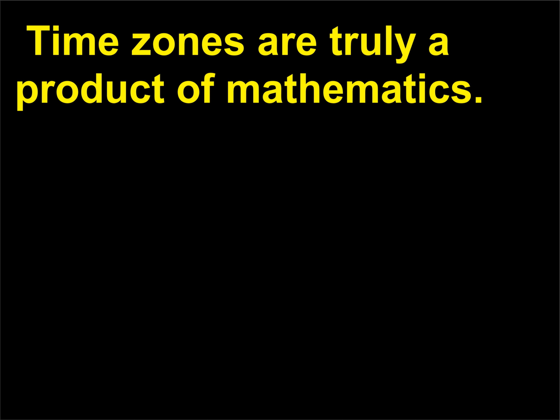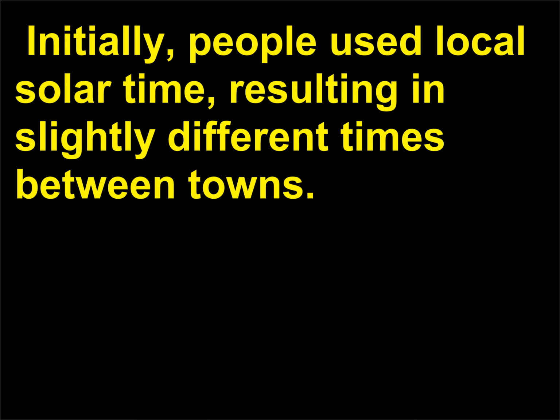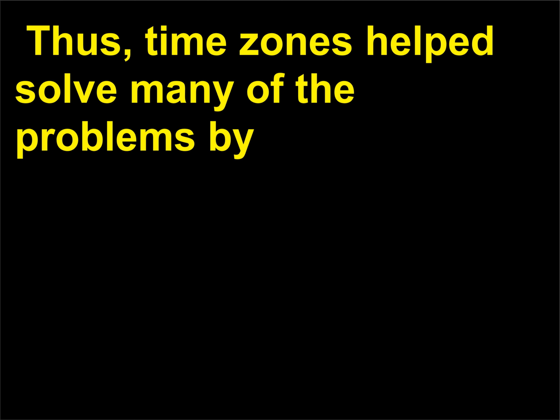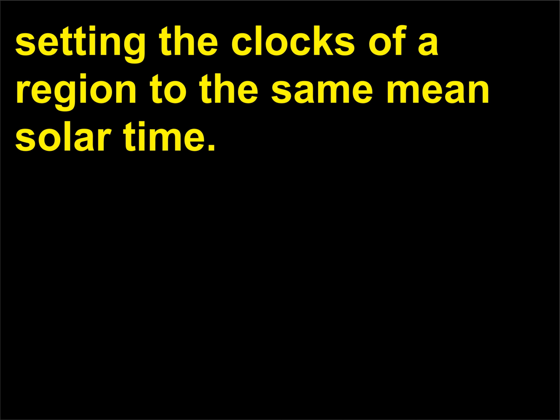Time zones are truly a product of mathematics. Initially, people used local solar time, resulting in slightly different times between towns. With technology, especially trains and telecommunications, more accurate timekeeping became a necessity. Thus, time zones helped solve many of the problems by setting the clocks of a region to the same mean solar time.